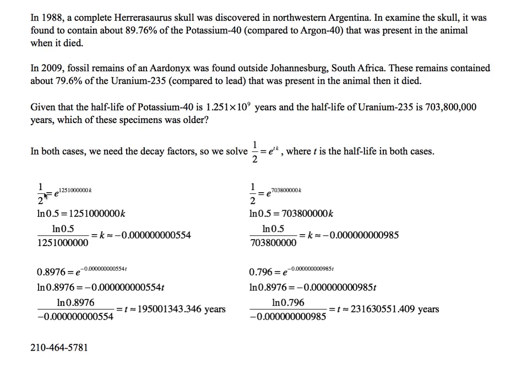And so the half-life of potassium-40 in the first case means that we set 1/2 equal to e raised to that amount of time, which, as it says here, is 1,251,000,000 years.